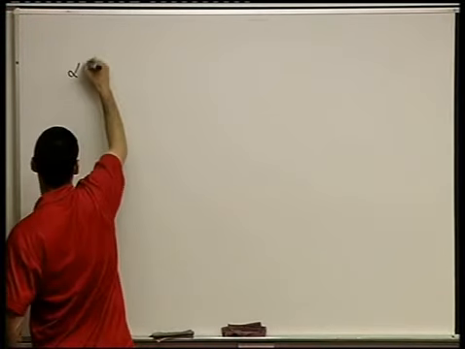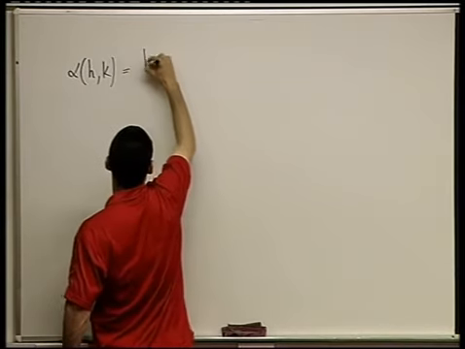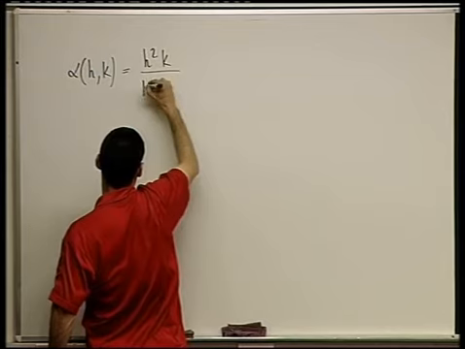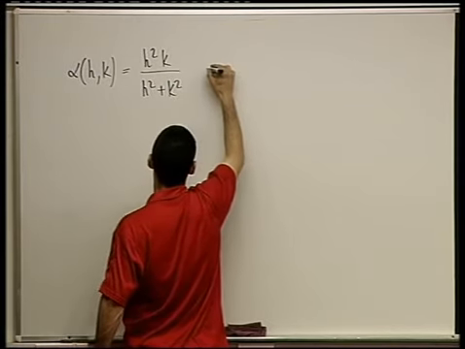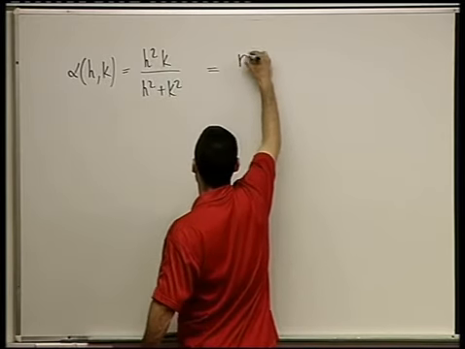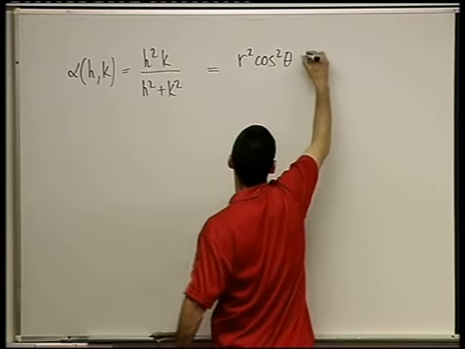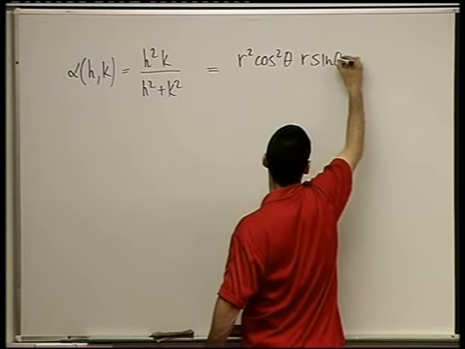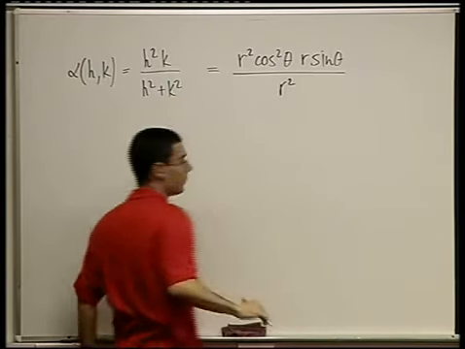So alpha of hk, which was h squared k divided by h squared plus k squared, equals, when I convert to r and theta, r squared cosine squared theta times r sine theta divided by r squared. Do you agree?